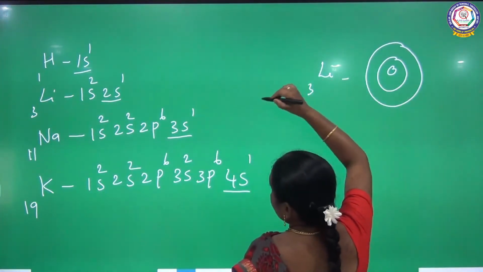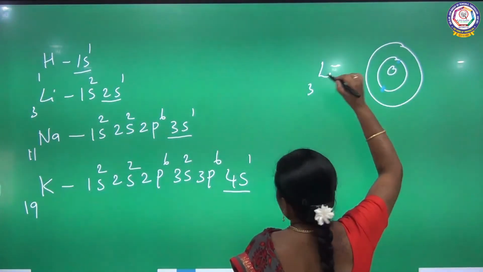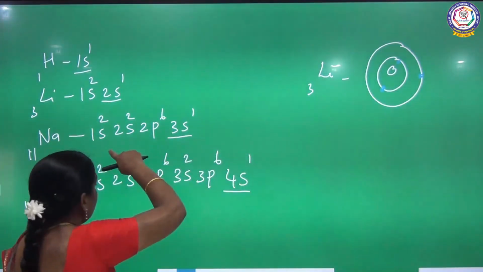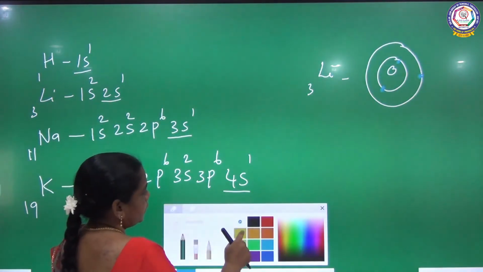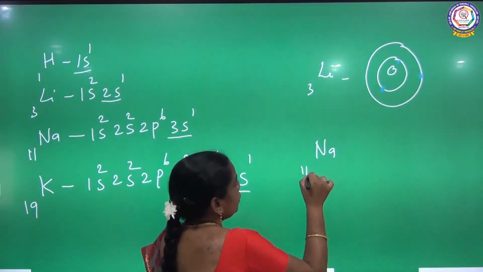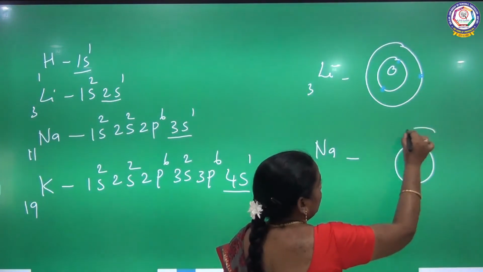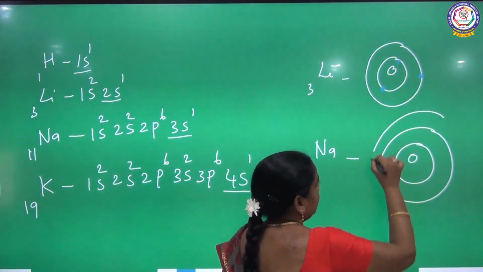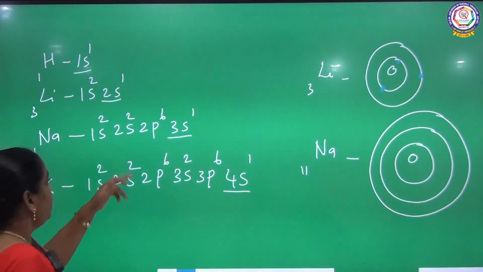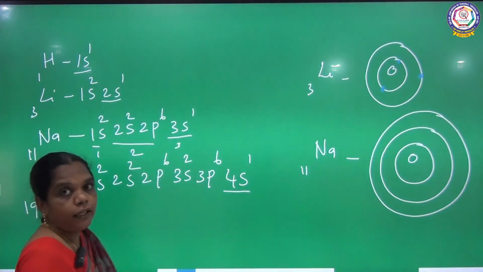Now you see this electronic structure for lithium. How many electrons in lithium? In the first energy level 2 electrons, and in the second energy level 1 electron. Next we are going to compare with sodium. See, sodium has 3 energy levels: first energy, second energy, and third energy.